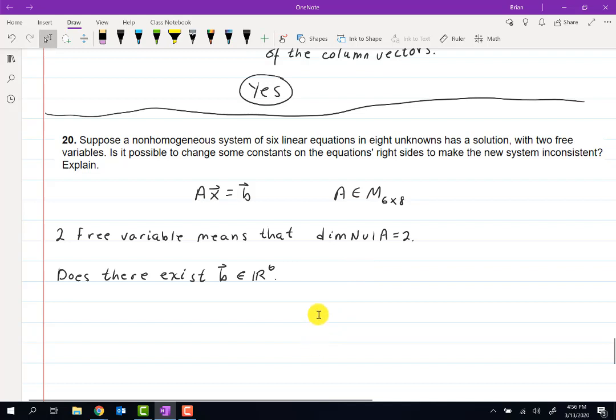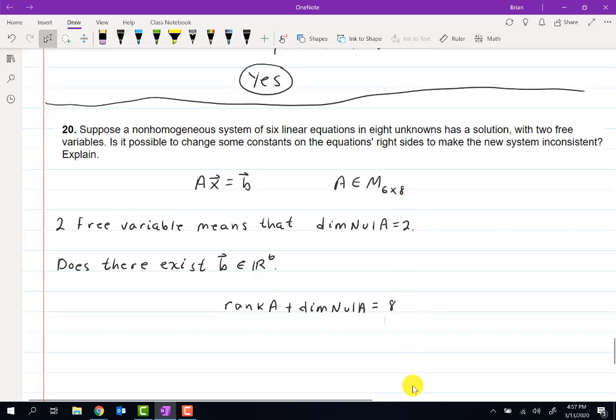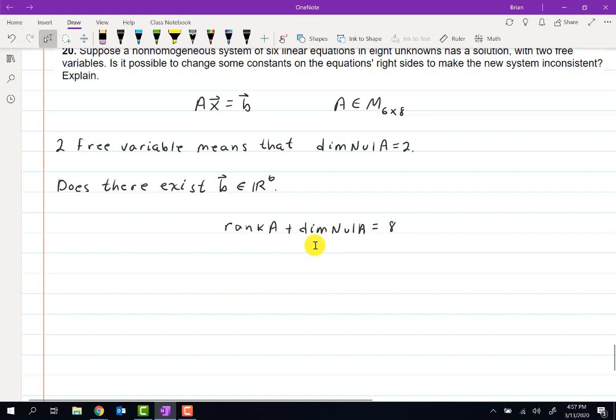Now let's take a look at what we have. We know that dim null A is 2, so rank of A plus dim null A, we know equals the number of columns, that's 8. But I was just told that dim null A is 2, so the rank of A equals 6, but the columns of A are in R6.